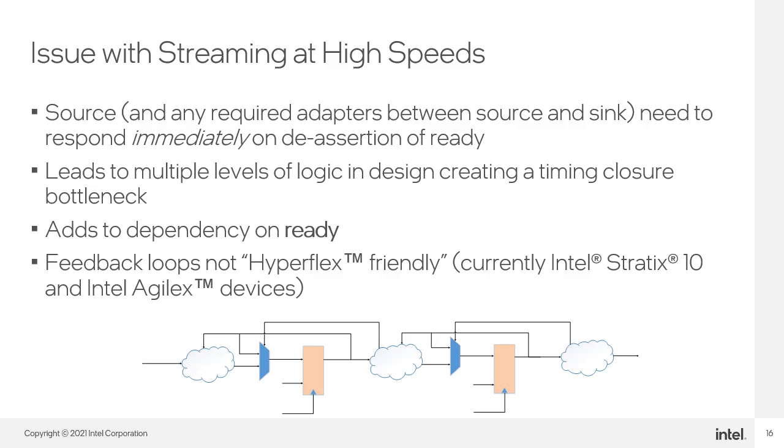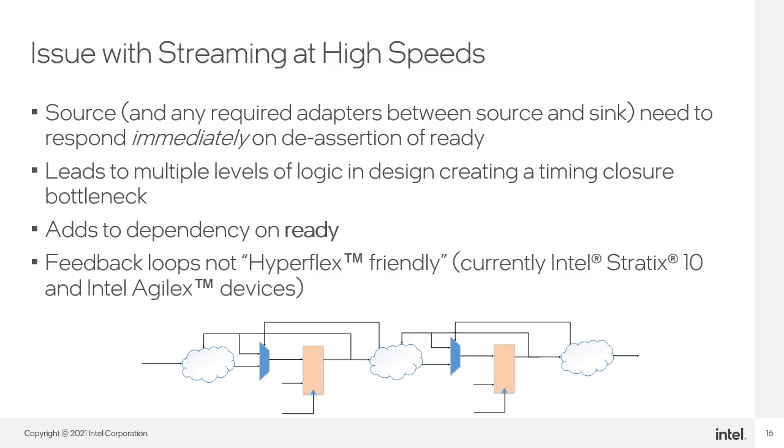While Avalon streaming interfaces are very useful for high-speed data transfer, there are some issues to be aware of with their use. As you may have noticed, without added properties, any source or any logic adapter between a source and sink must respond immediately to halt data transfer when the ready signal is deasserted. Extra logic is required to implement this feedback, as seen in the data path diagram here.